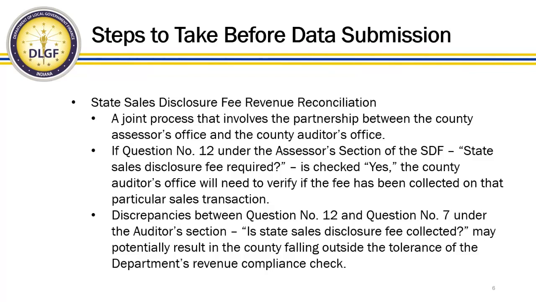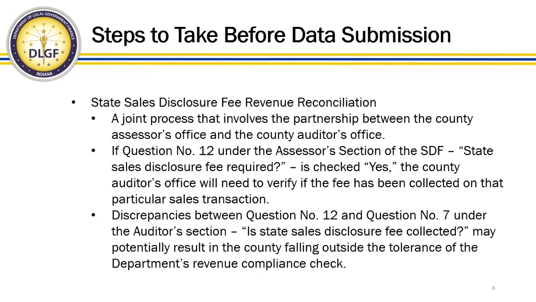This is essentially a process that involves the partnership between the county assessor's office and the county auditor's office. Essentially, what it comes down to is question number 12 under the assessor section of the sales disclosure form: is the state sales disclosure fee required? If that question is checked yes, then the county auditor's office will need to verify if the fee has indeed been collected on that particular sales disclosure transaction.